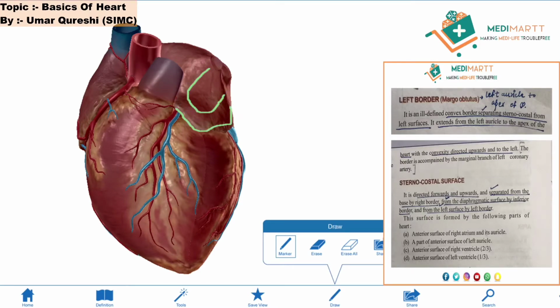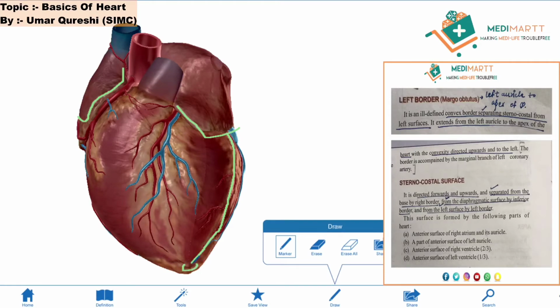So the left auricle will be present in the left atrium and the right auricle will be present in the right atrium. So what Ekadatta is trying to say is that the left border extends from the left auricle, as this is the left auricle and this is the left part, to the apex of the heart.